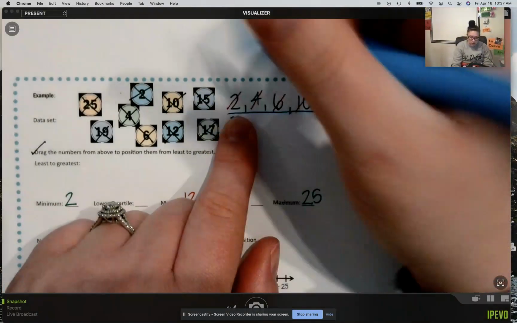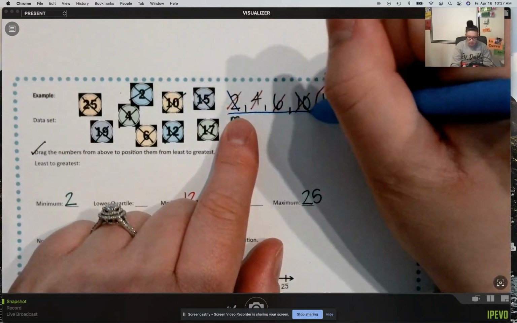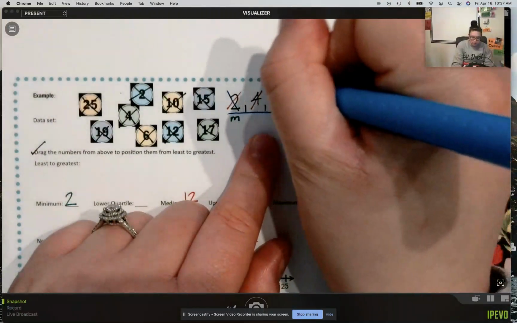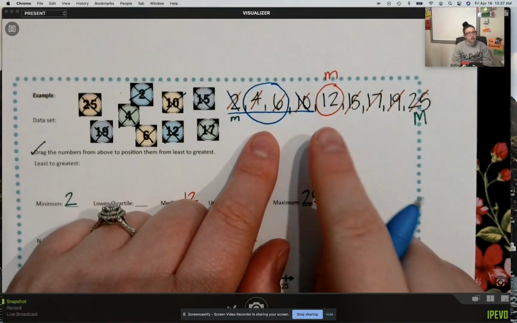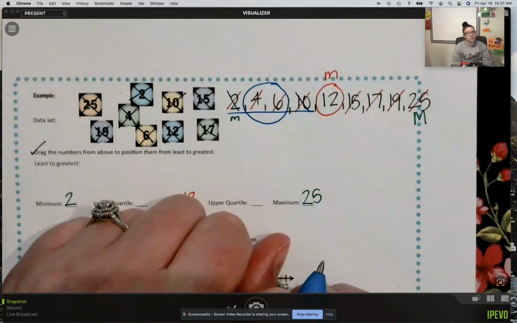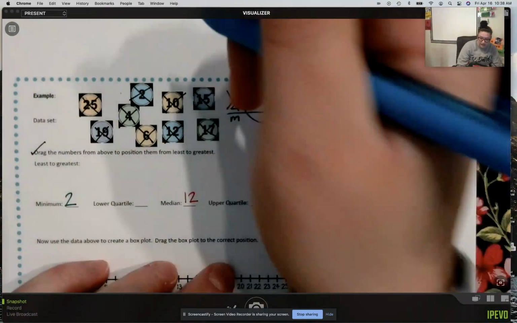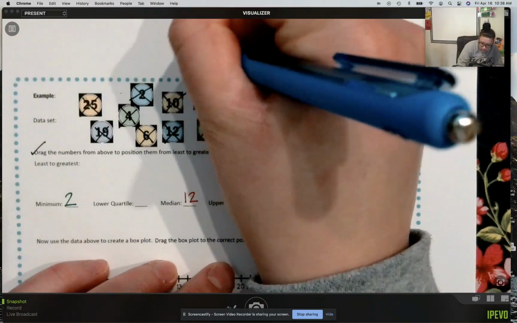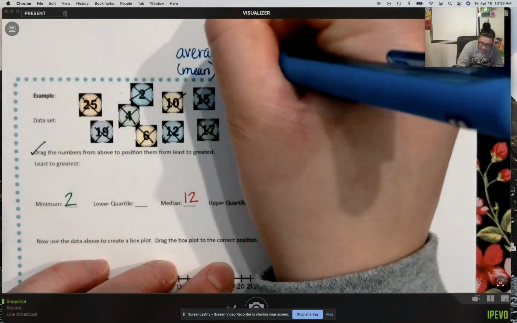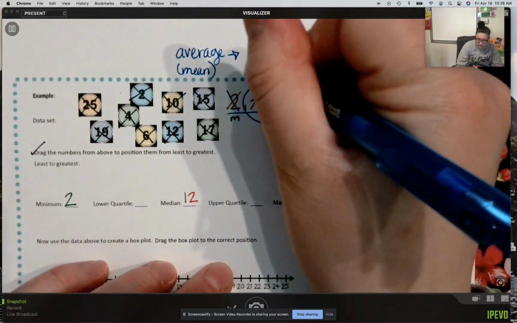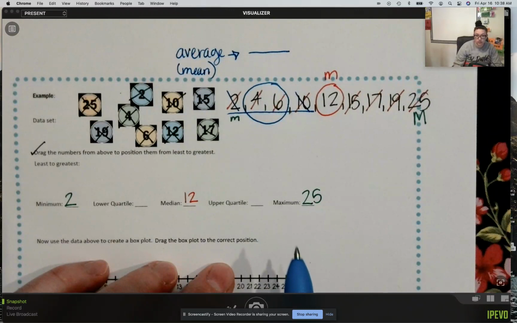So here, I cross off a 2, I cross off a 10, but I have 4 and 6 left in the middle. Do you remember what I said happens if there's two numbers? We have to average them. In case you forgot, to find the average or the mean, you have to add them all up and divide by how many there are.